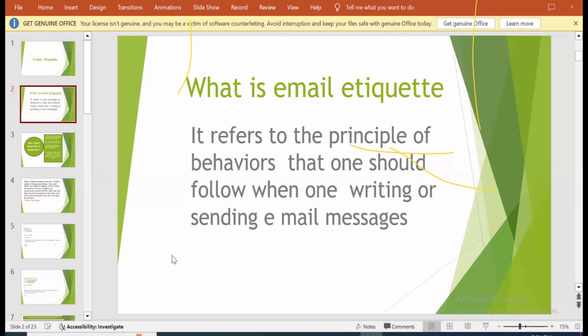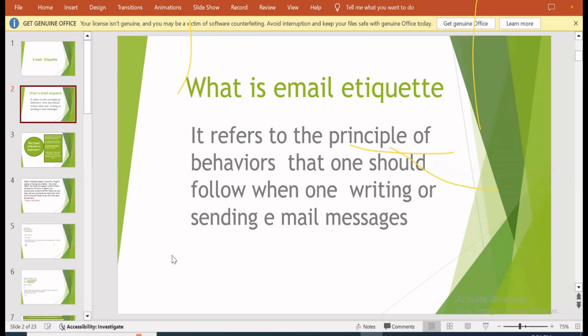Third, it is documentary evidence. Whenever you write an email and send it to a person, tomorrow that person cannot deny who sent it, and cannot deny who received it. So in future, it becomes evidence.